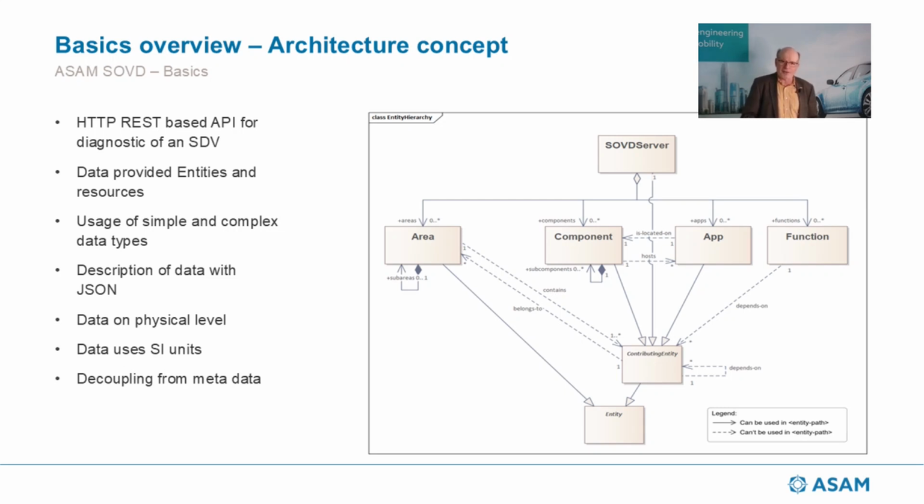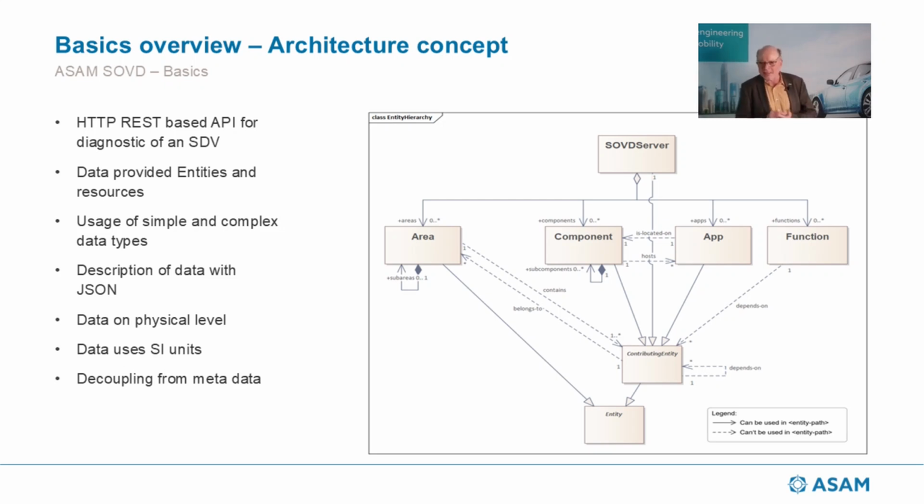ASAM has distributed the functionality in such a way that you see here. We have so-called entities. As entity we have the SOVD server, which is more or less the entry point. And then we have components in this SOVD server. A component, you can also say it's a device, but we do not want to use the term device, so we call it component.